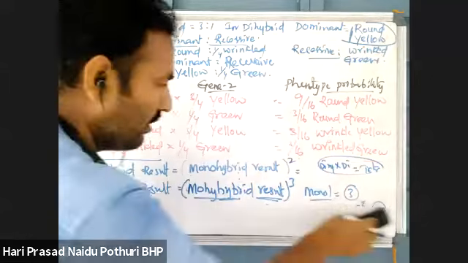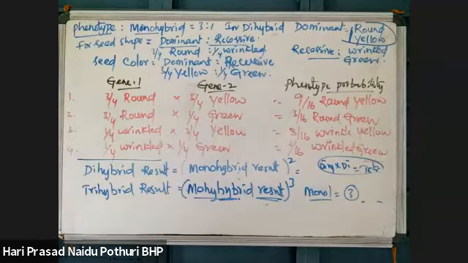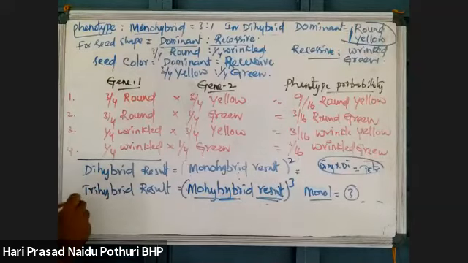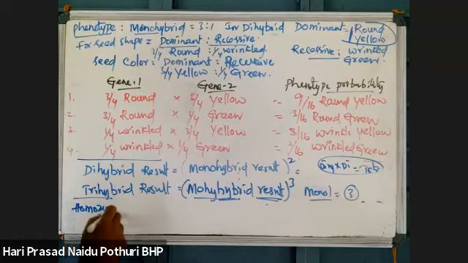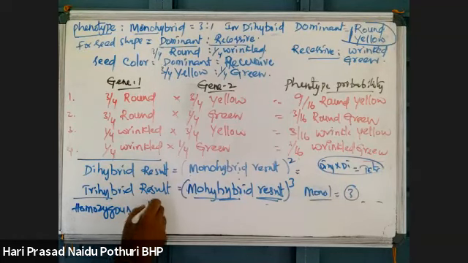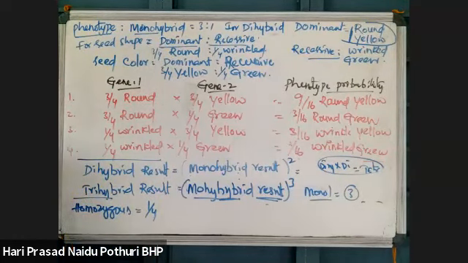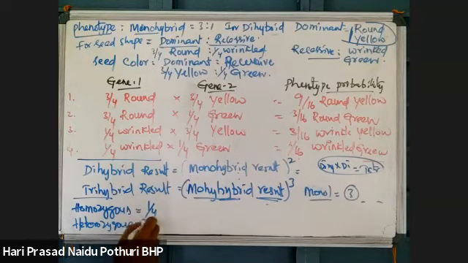Okay. Then the probabilities of genotypes. Homozygous genotype is 1 by 4, whereas heterozygous genotype is 2 by 4 always.